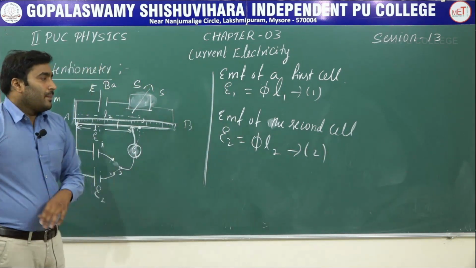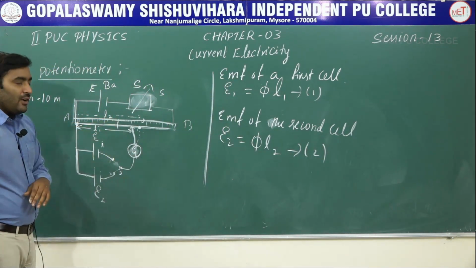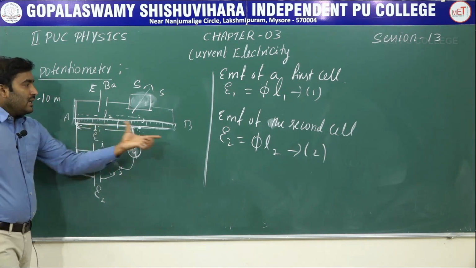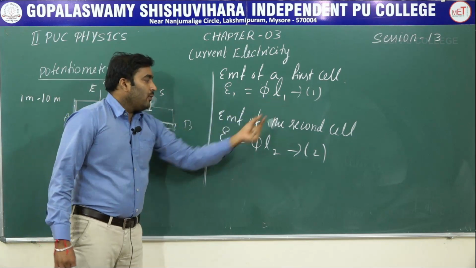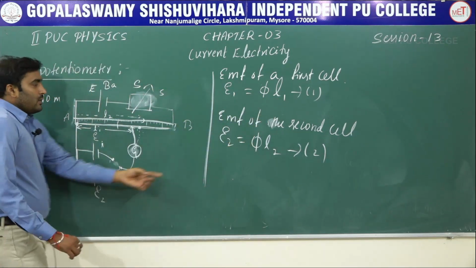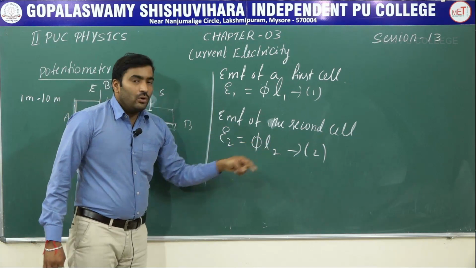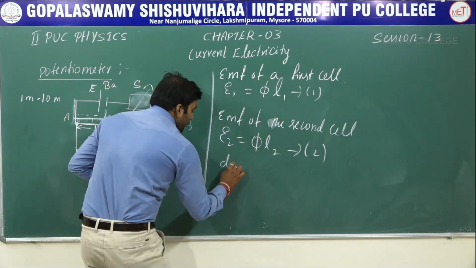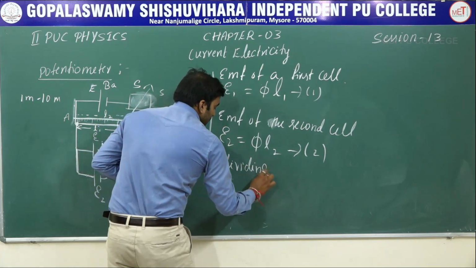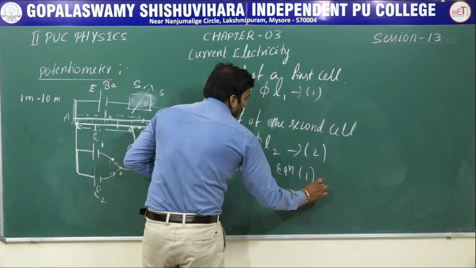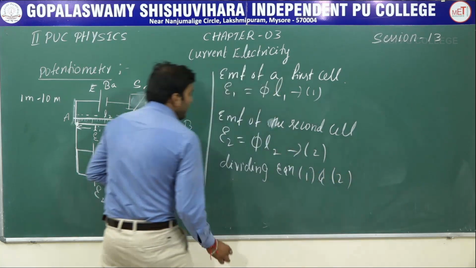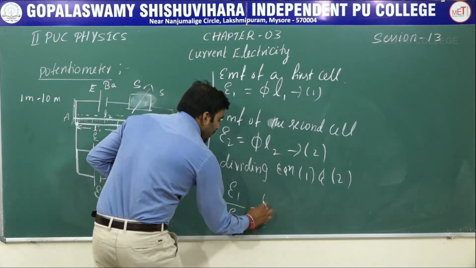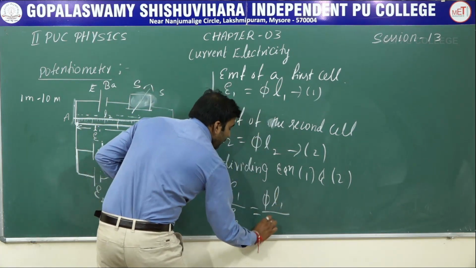So using the principle of potentiometer, what we have written is: the EMF of the first cell for this balancing length is E1 equal to phi into L1, and for the second cell, E2 is equal to phi into L2. Now if we divide equation 1 by 2, we get E1 by E2 is equal to phi L1 by phi L2.